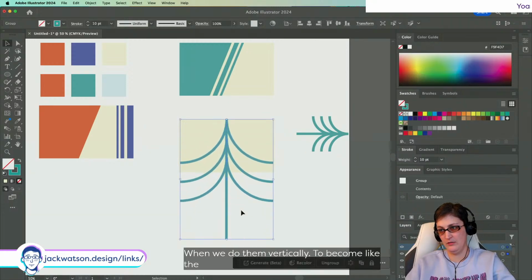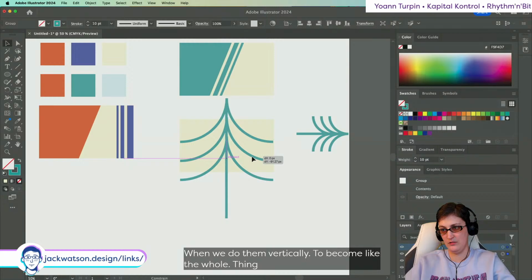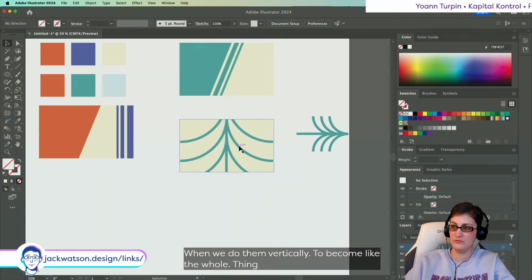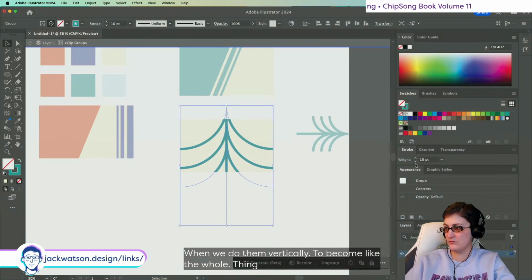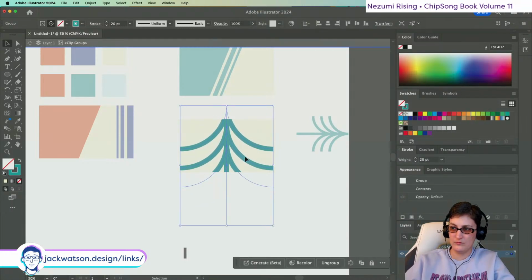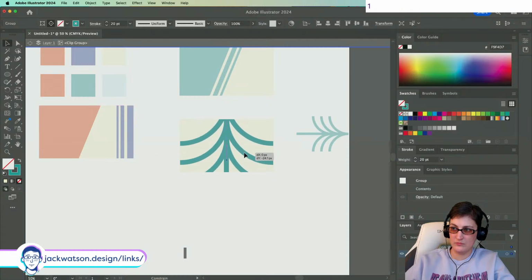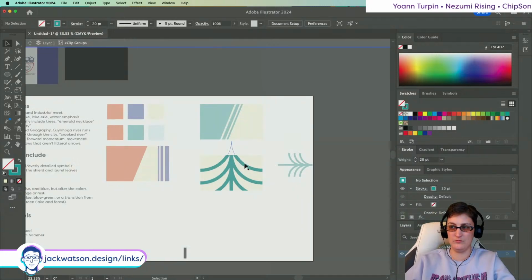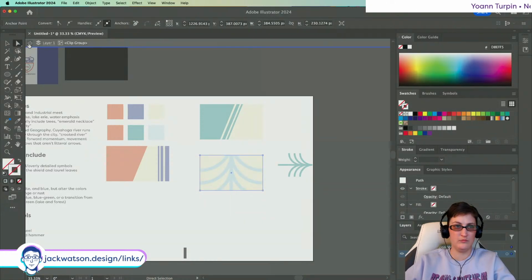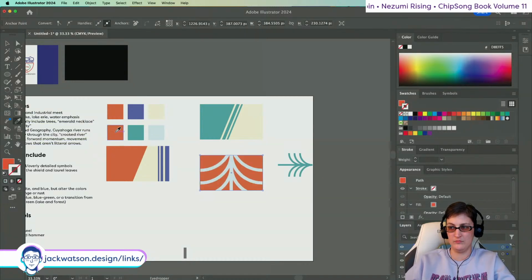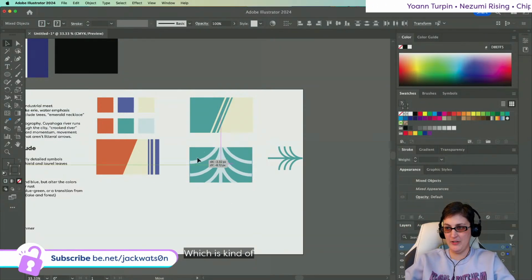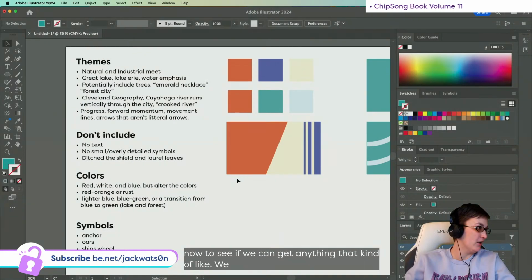Could become the whole thing. We're just playing with concepts right now to see if we can get anything we like the layout of.